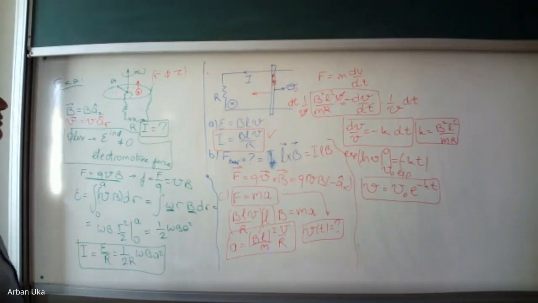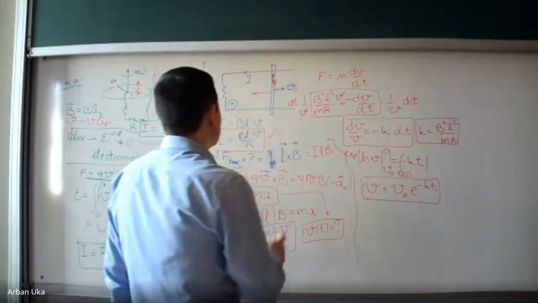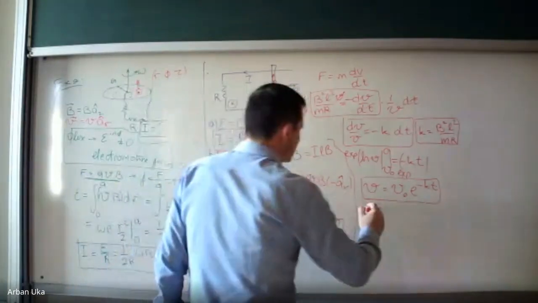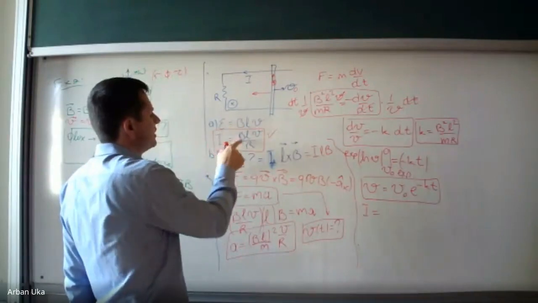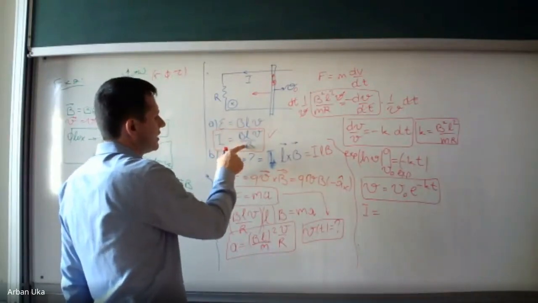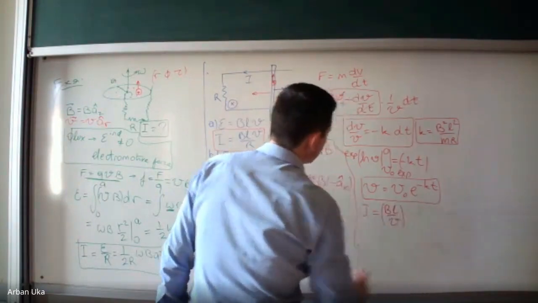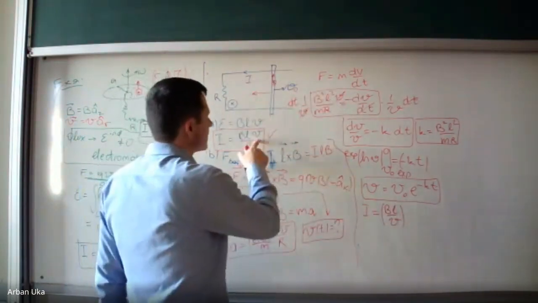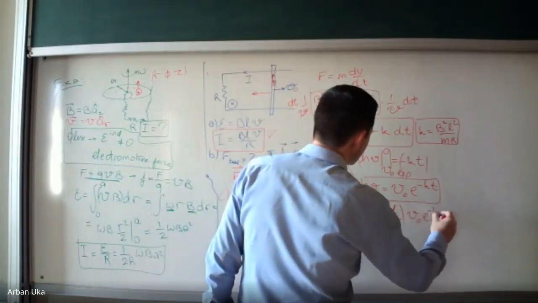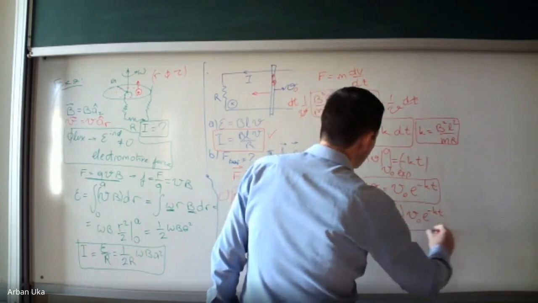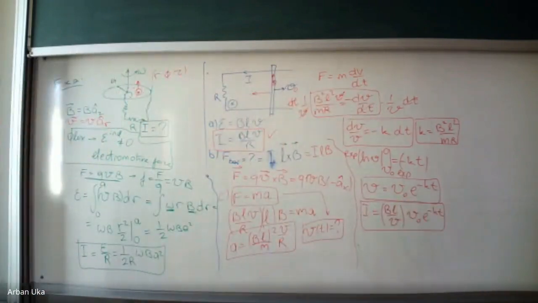Now that we know the velocity, we can have a look at this current, and this current will be equal to BLV over R. B is a constant, L constant, R is a constant. Instead of the velocity, we can write the velocity, which is a function of time, e to the minus kt. So it looks like even the current is a function of time.